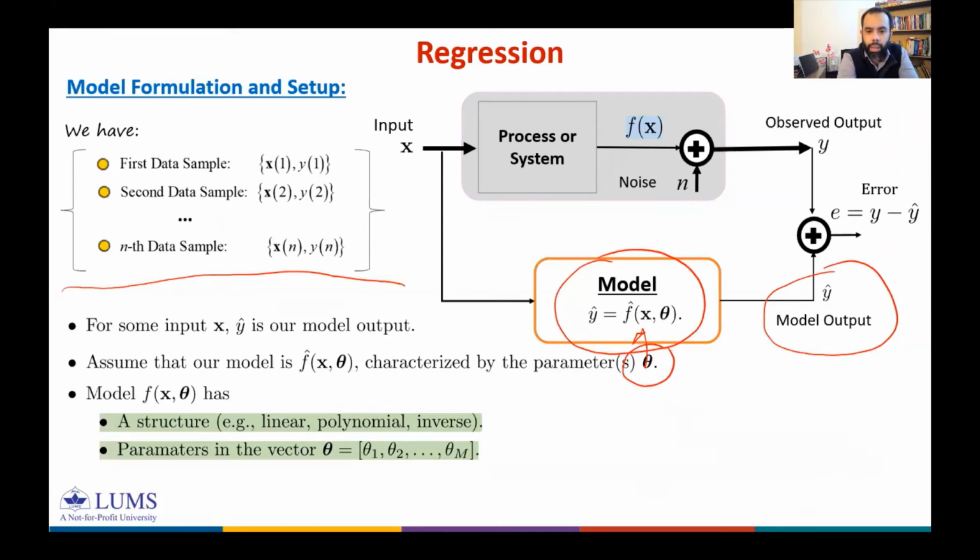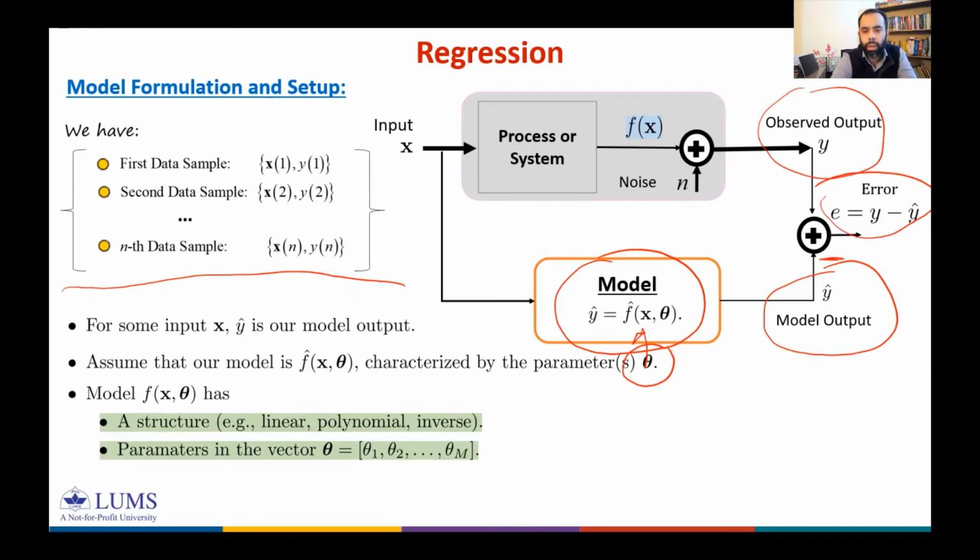So y hat is your model output, y is your observed output, and the difference between these two is y minus y hat. So y minus y hat is your error.